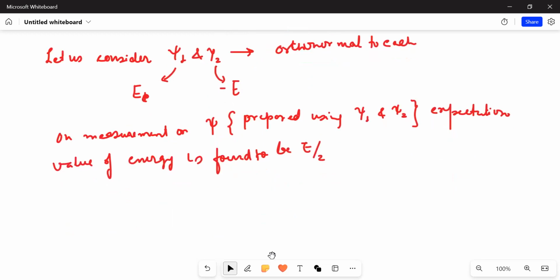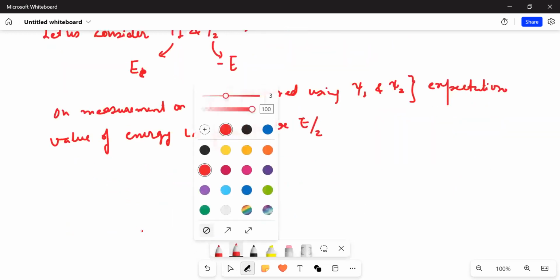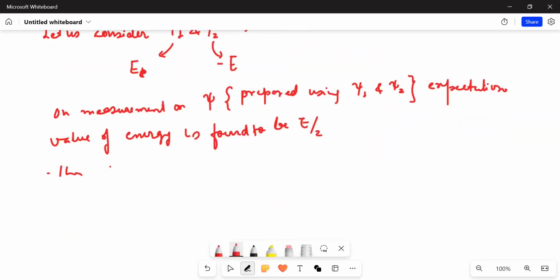Then psi can be what? Like, can it be this in terms of psi1 and psi2?